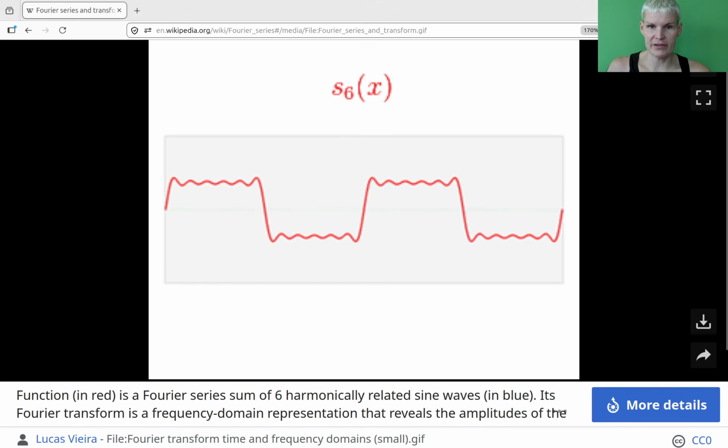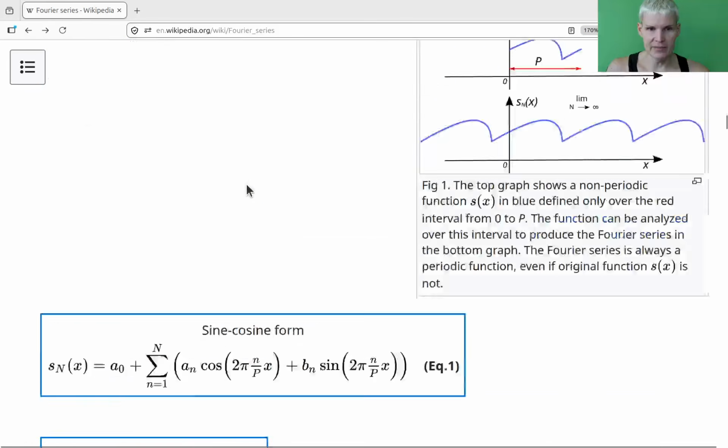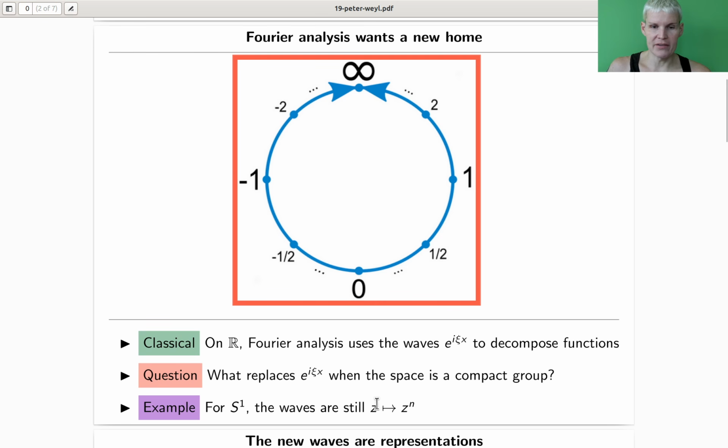If you go back to this thing, you express everything, maybe a little bit nicer in the exponential form, in terms of some scalars and some exponential thing. So this is literally the Fourier basis. And so the simple representations of S1 form a Fourier basis of classical calculus, if you want.